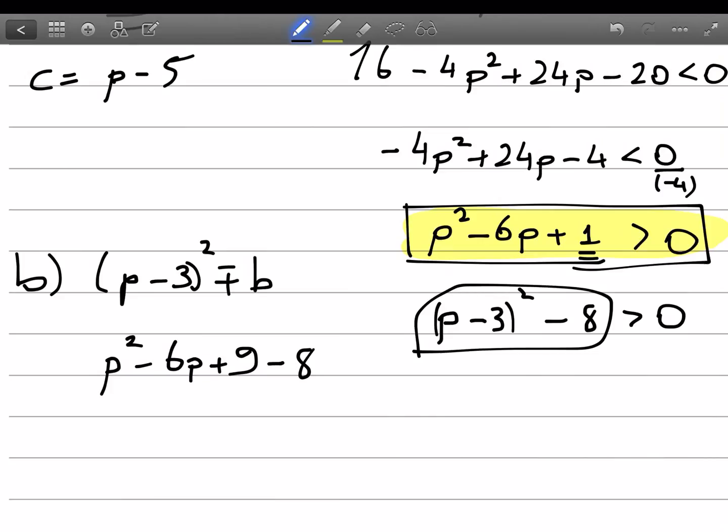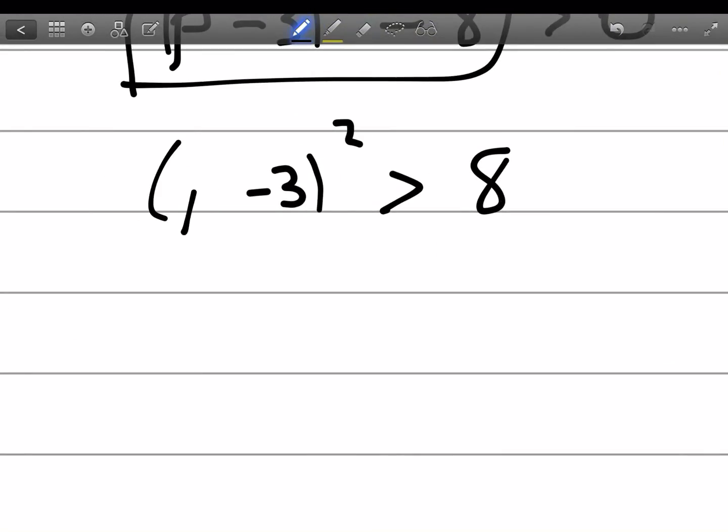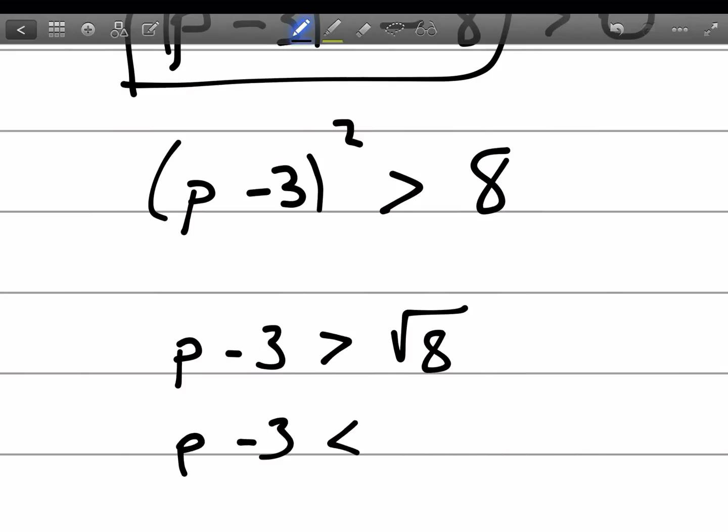Then we have to talk about this. p minus 3 squared greater than 8. What does it mean? For which values does p satisfy this? First of all, we have to take the root of both sides. p minus 3 is greater than root 8, or p minus 3 is less than minus root 8.